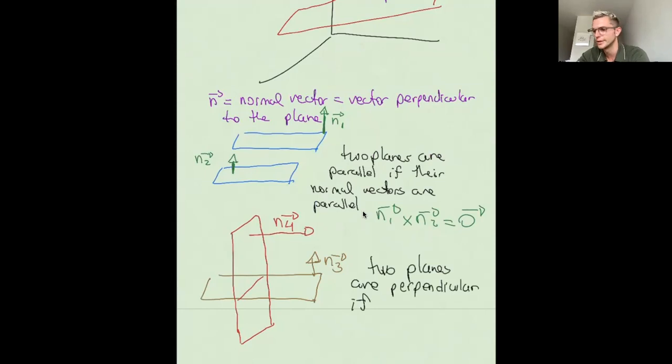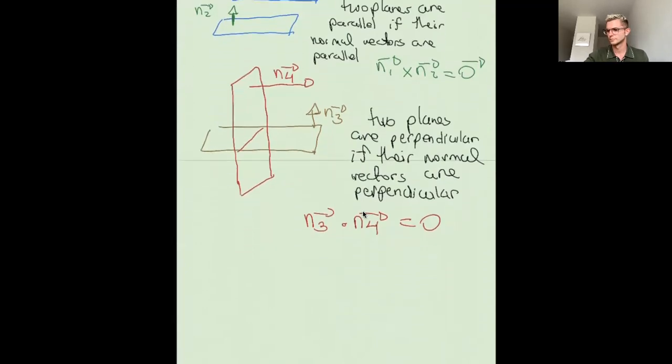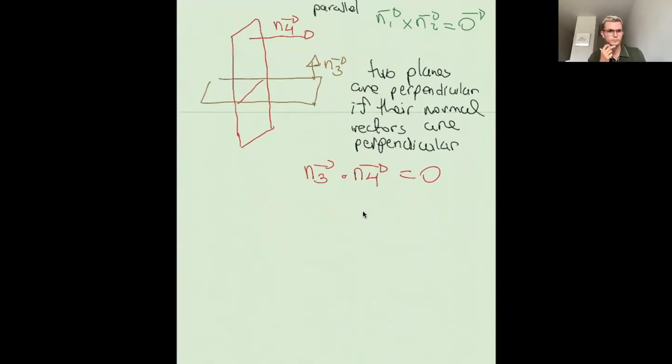We can say that the dot product is 0, right? Is that okay? So far, so good.